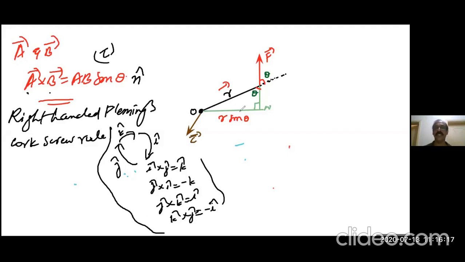This is perpendicular to R and perpendicular to F. So your example, torque is equal to R cross F, or torque is equal to RF sine theta.